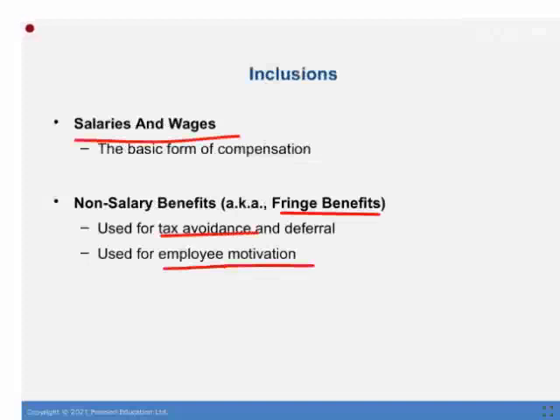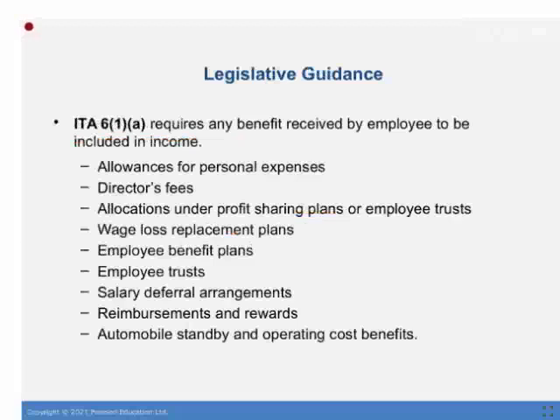You've got a company car or whatever, just some extra niceties, but that is part of your compensation, and you do have to pay tax on that. This is in Section 6 of the Act. It requires that any benefit received by an employee has to be included in their income.